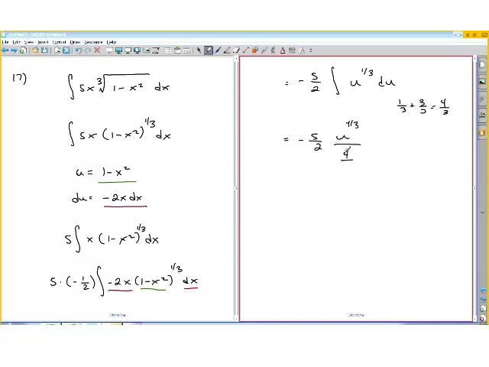All divided by 4/3 plus C. So this becomes negative 5/2 times the reciprocal: dividing by 4/3 is the same as multiplying by 3/4.